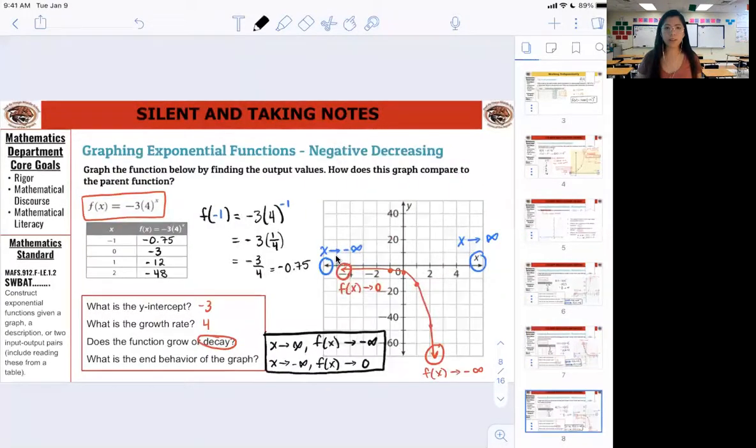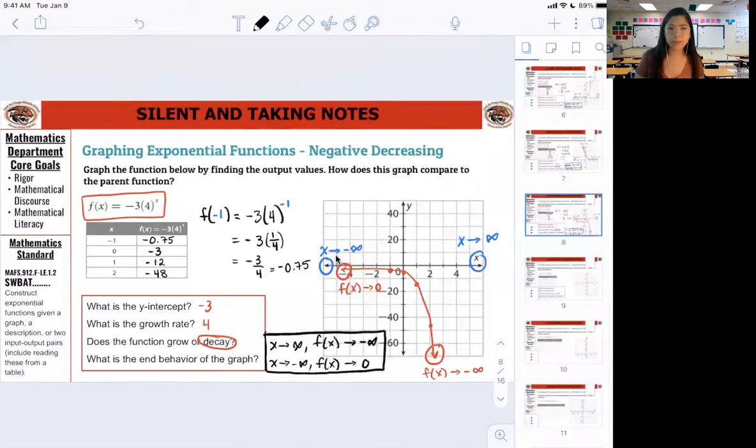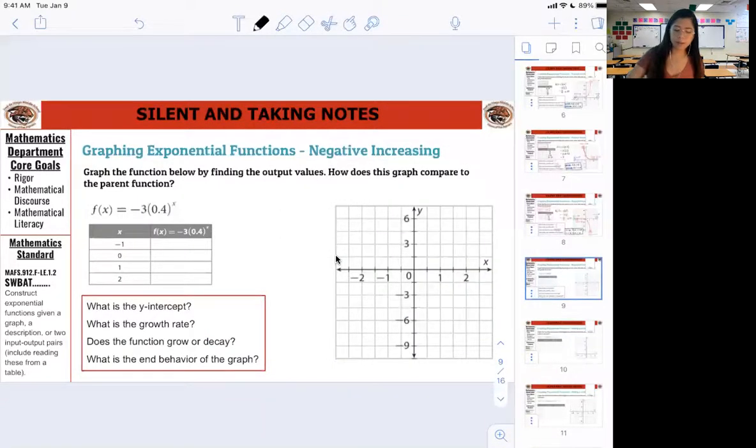And now we've seen a negative decreasing graph, which is all below the x-axis and going down. So what do you think is left? We got one more. Now we have a negative increasing.